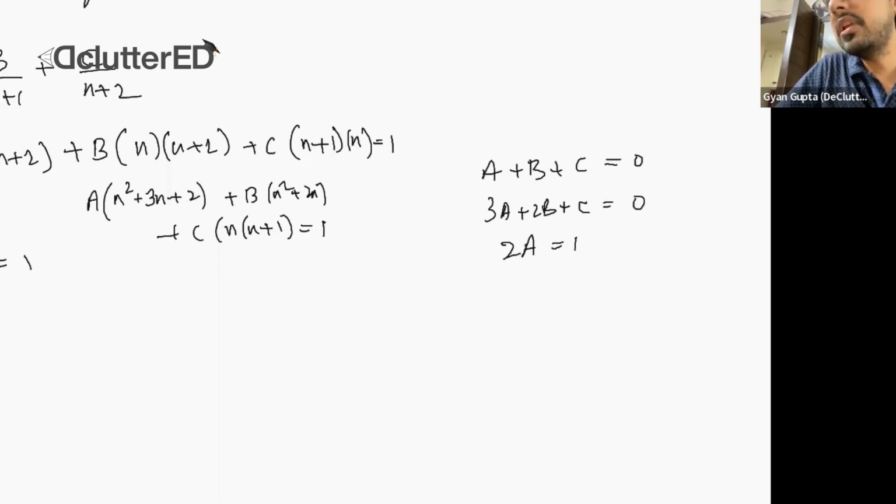So A will be equal to half. Now substituting it in the other equations and quickly solving it, I will get B is equal to minus 1 and C is equal to half.